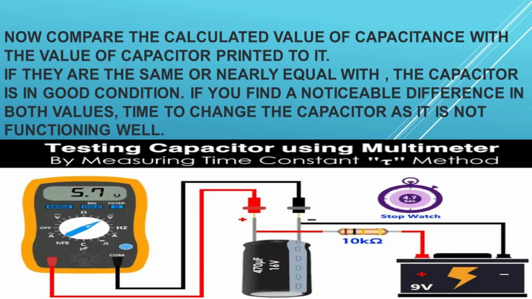Check the capacitor voltage rating printed on it, as shown in our below example where the voltage equals 16 V. Now charge this capacitor for a few seconds to less than the rated value, not to the exact value, i.e. charge a 16 V capacitor with a 9 V battery. If the battery voltage is greater than the nominal voltage of the capacitor, it will damage or burst the capacitor.